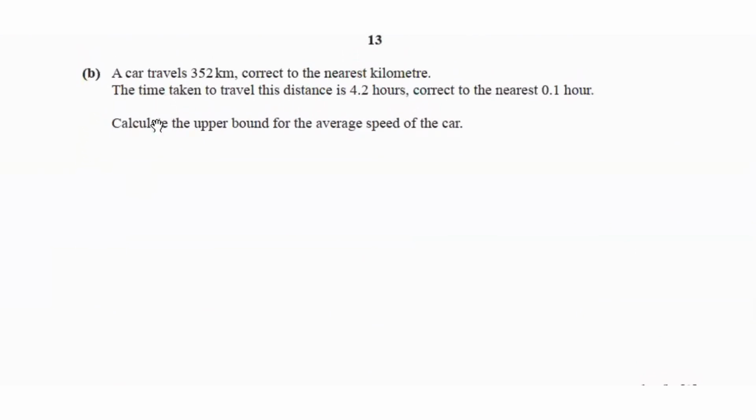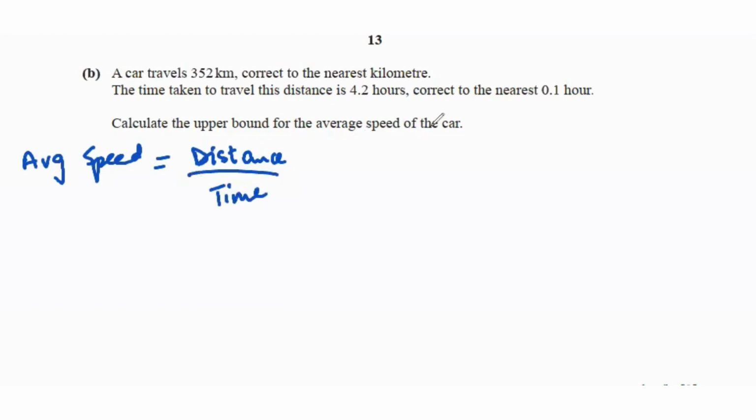A car travels 352 kilometers correct to the nearest kilometer. The time taken to travel this distance is 4.2 hours, correct to the nearest 0.1 hour. Calculate the upper bound for the average speed of the car. Average speed has the formula distance over time.